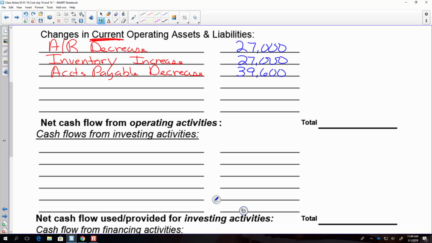Okay, Jade. If I decrease accounts receivable, does that add to my cash or does that subtract from my cash? So do I put a plus or a minus here?